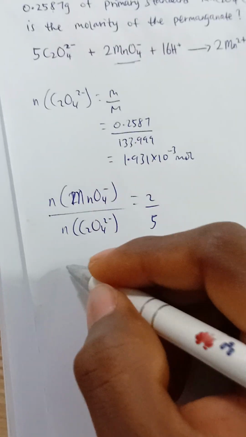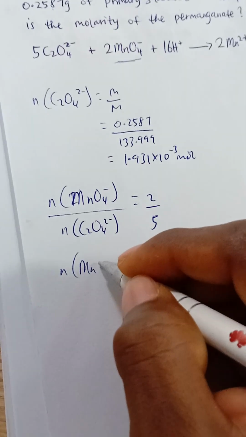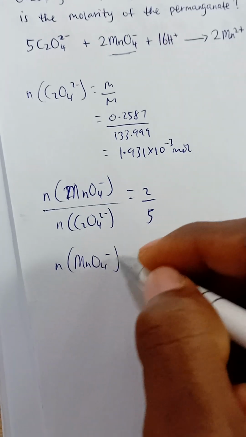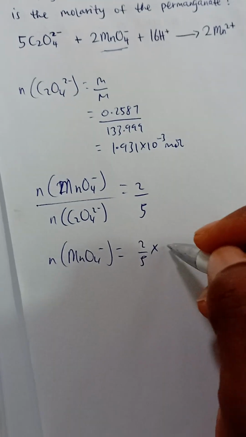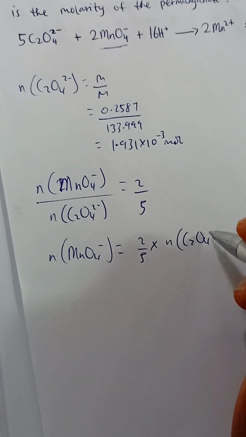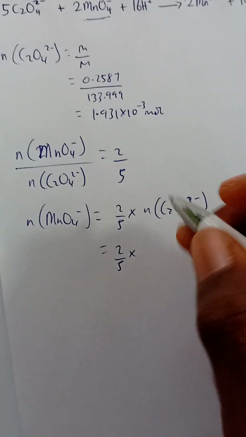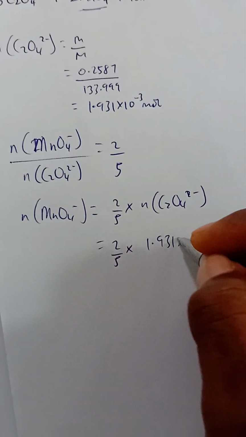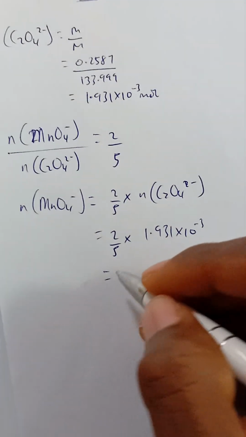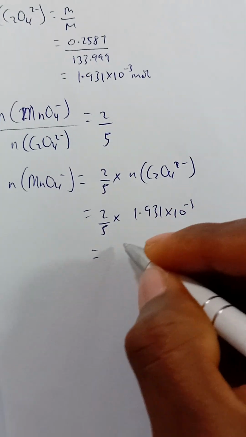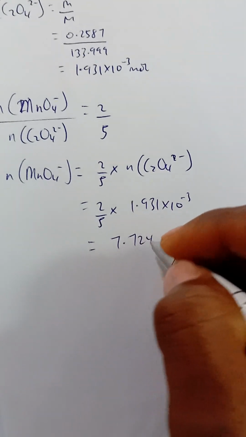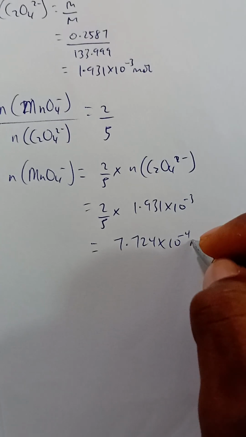So we can make this one the subject. Mole of the permanganate should be equal to 2 over 5 times the mole of our primary standard. So that's going to give us 2 over 5 by 1.931 by 10 to the power minus 3. We are going to get something like 7.724 by 10 to the power minus 4 mole.